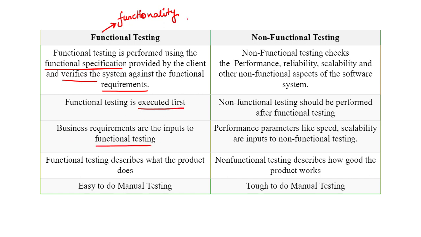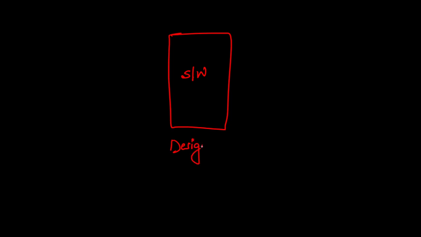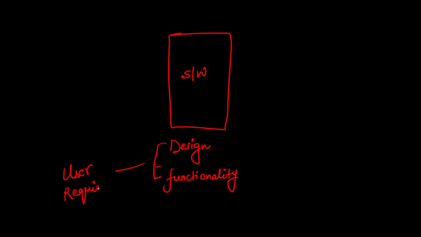So basically, how your software will function. If this is your software, what will be the design of the software? What will be the functionality of the software? All these things are defined on the basis of user requirement. The user will tell me how I want my software to be.